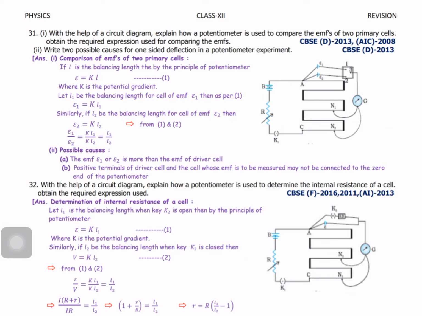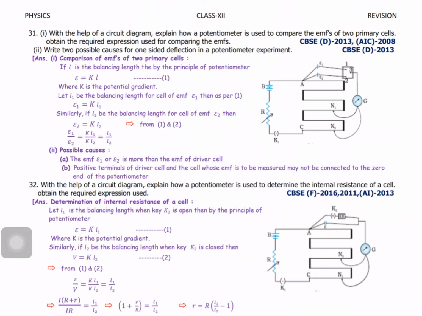Second question, what are the reasons for getting one-sided deflection? The EMF E1 or E2 is more than the EMF of the driver cell. That's mandatory.